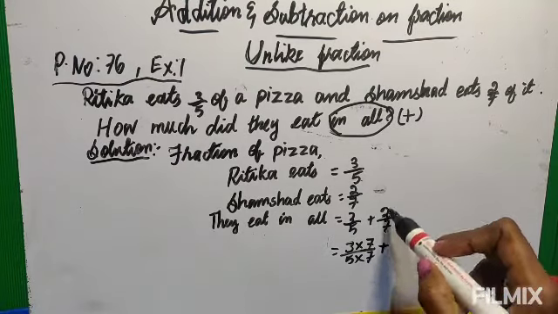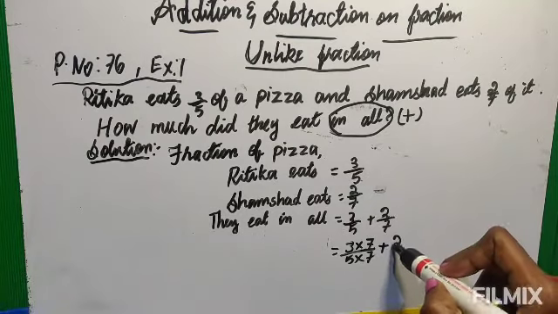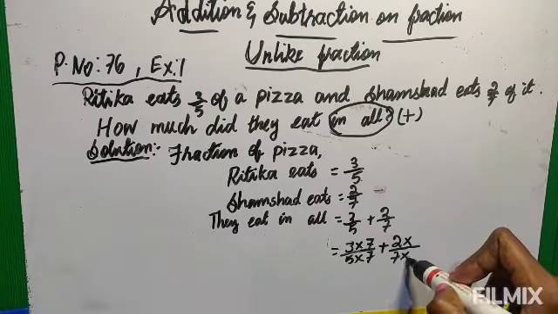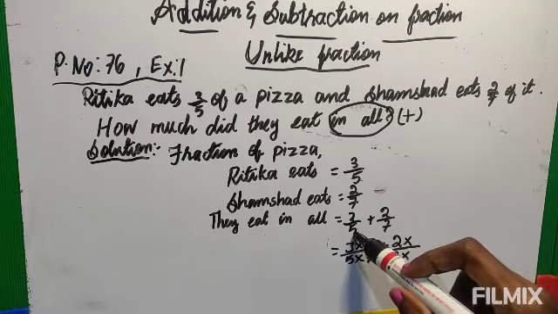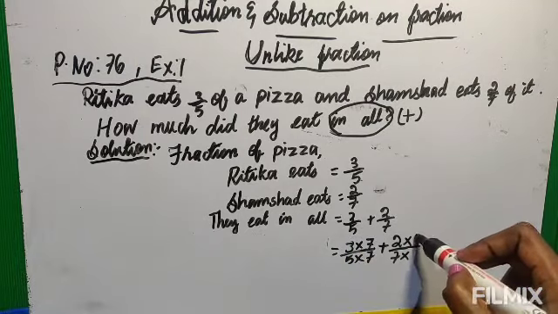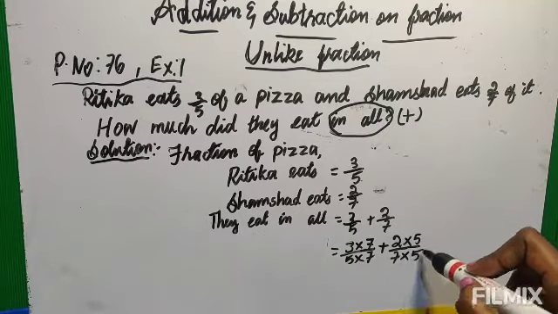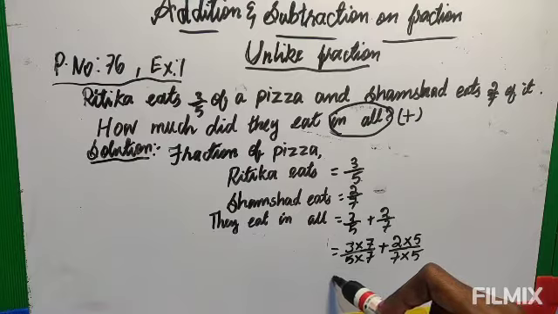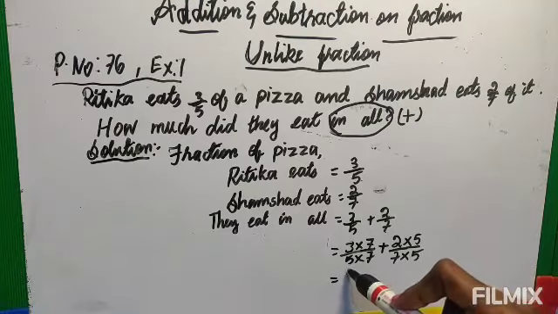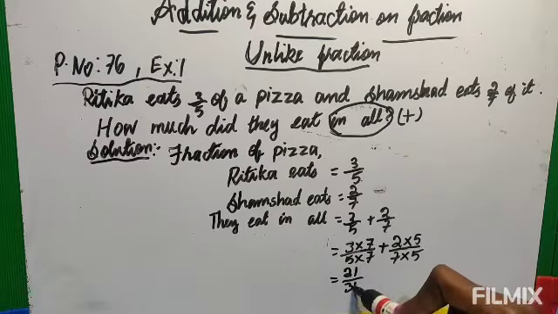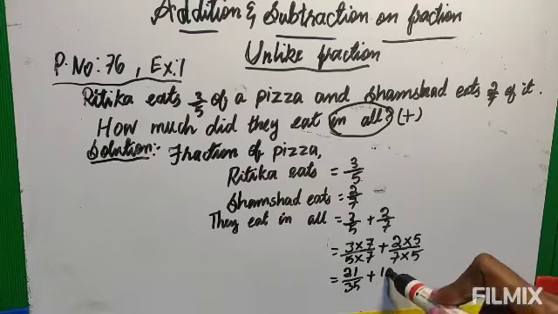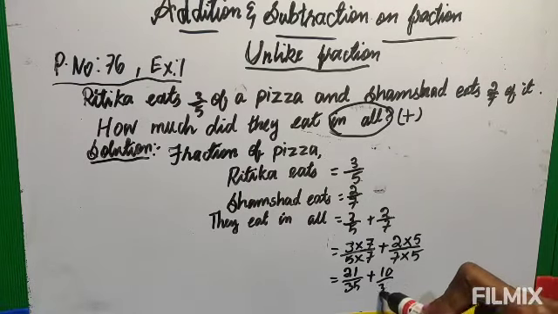Again plus, write the other fraction, whose numerator and denominator you will multiply by 5. Now multiply and write: 3 sevens are 21, 5 sevens are 35, plus 2 fives are 10, 7 fives are 35.